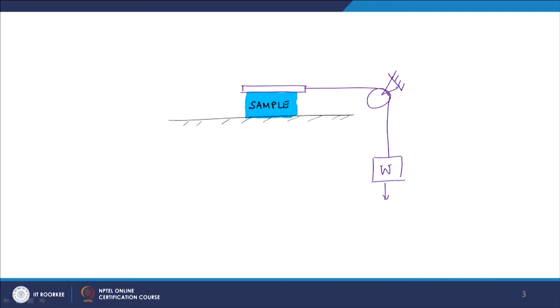So, now we can do two kinds of experiment. In one experiment, we will pull it at a constant rate that would give rise to a constant shear rate in the system, or we can pull directly to a certain extension that will give you a certain amount of shear in the system.